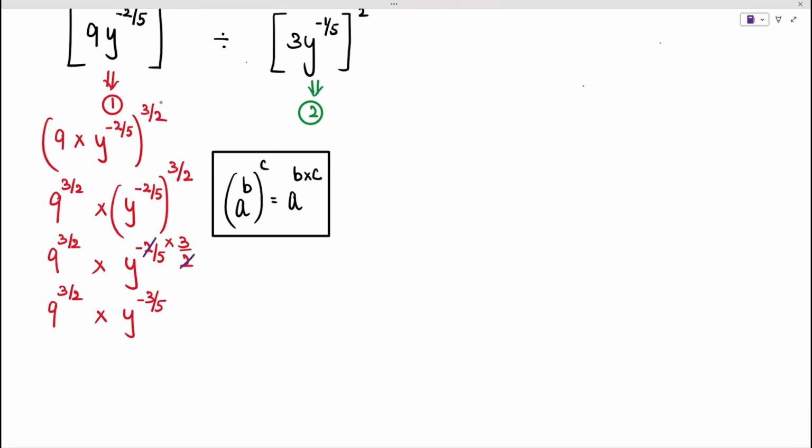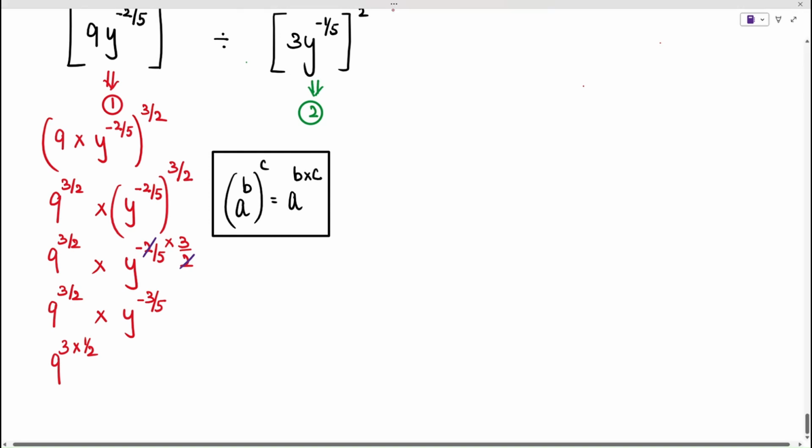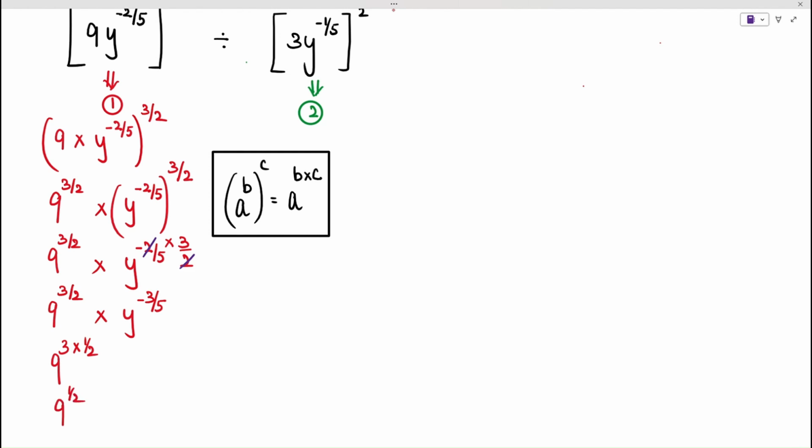Now we can simplify our value for 9 further. So we have 9 to the power of 3 over 2, and this can be split as 3 times a half. Now we can isolate this, and we can write it as 9 to the power of a half, the whole cubed.